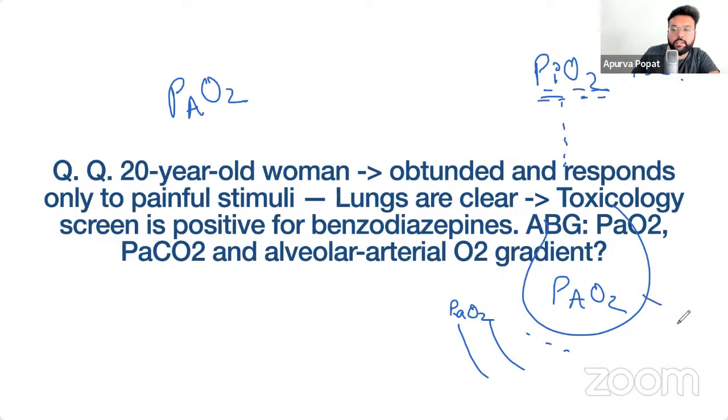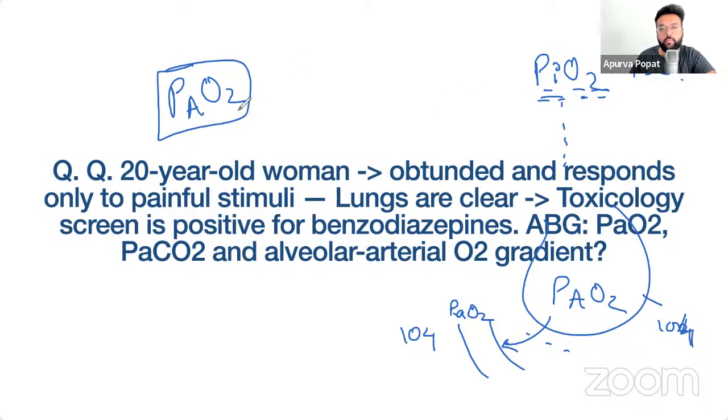By the time it reaches the alveoli, it becomes around 104. By the time it goes to the arteries, it is also around 104, or around 100 if there is shunting. But tell me, what will be PAO2 in benzodiazepine overdose? High. Why?